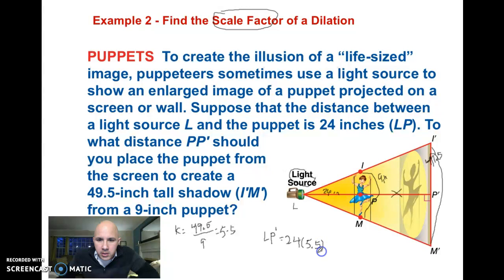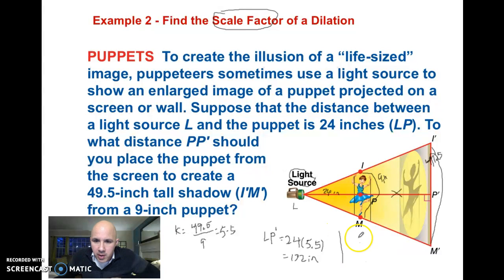When you plug that into the calculator, you're going to get a distance of 132 inches. That's from the light source to the projected image. Now, all they're asking for is to figure out this X. So we're going to do some real simple math here.